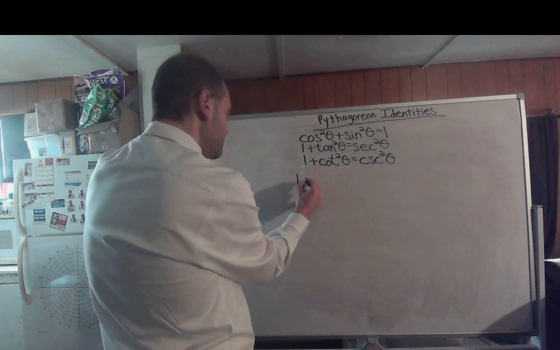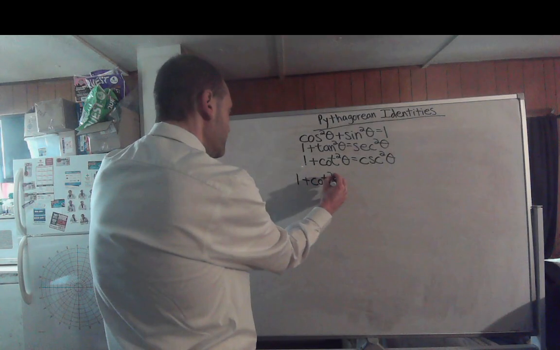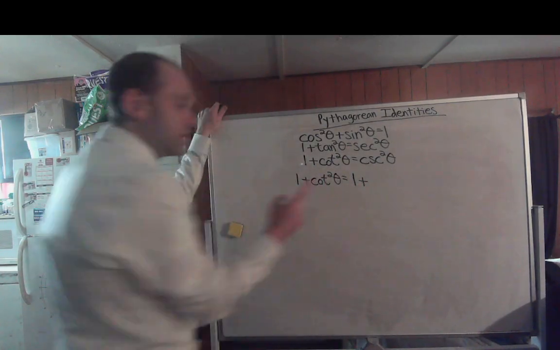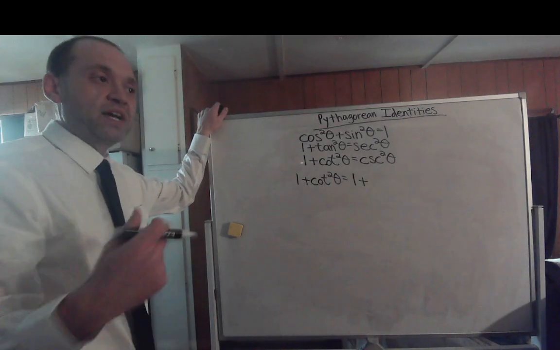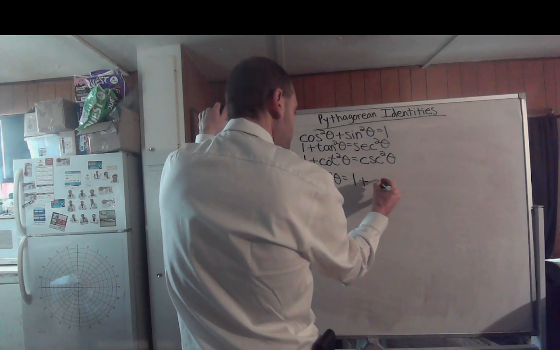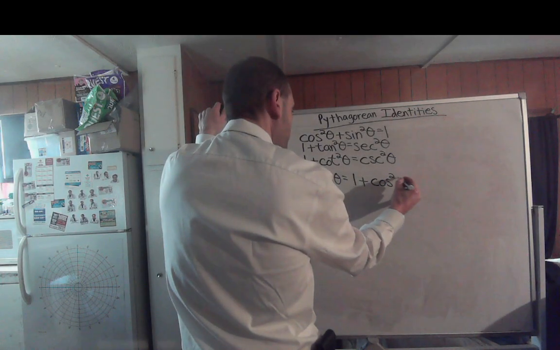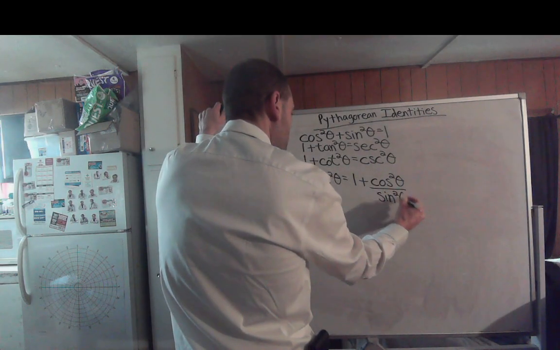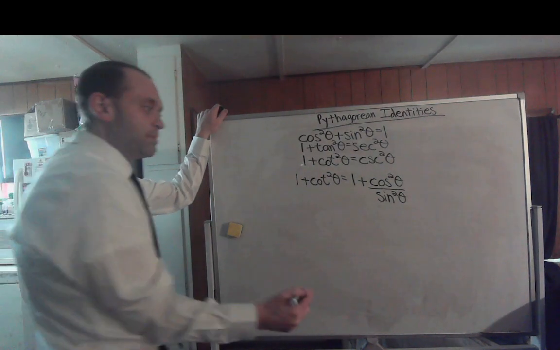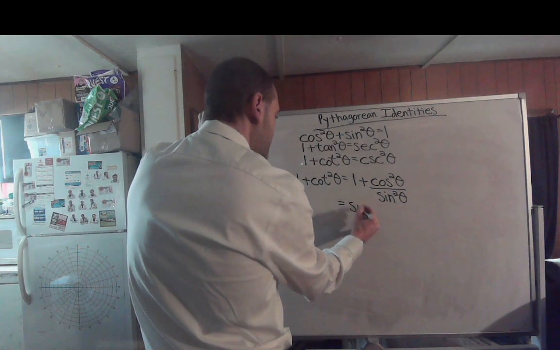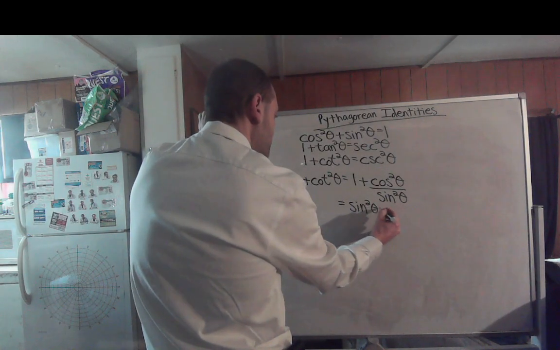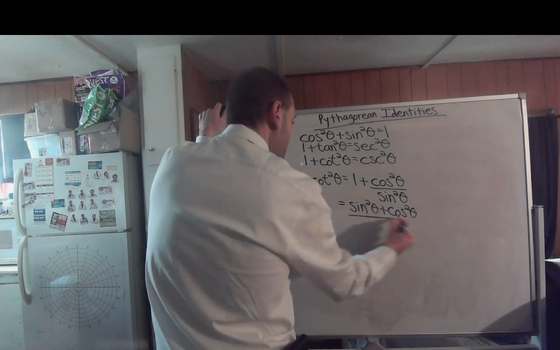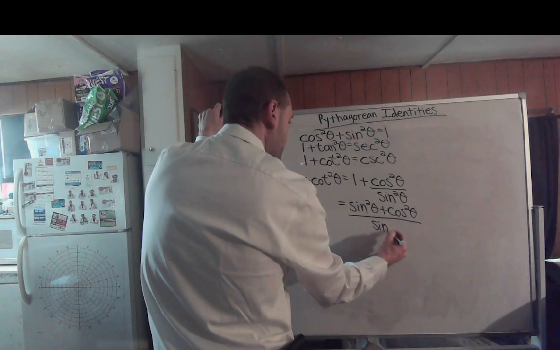So 1 plus the cotangent squared of theta, what's that equal to? Well, that would be 1 plus, now what's the cotangent of theta? That's cosine over sine. So this would be 1 plus the cosine squared of theta over the sine squared of theta. And the goal again is to get the same common denominator, so this would turn into sine squared of theta plus cosine squared of theta all over the sine squared of theta.